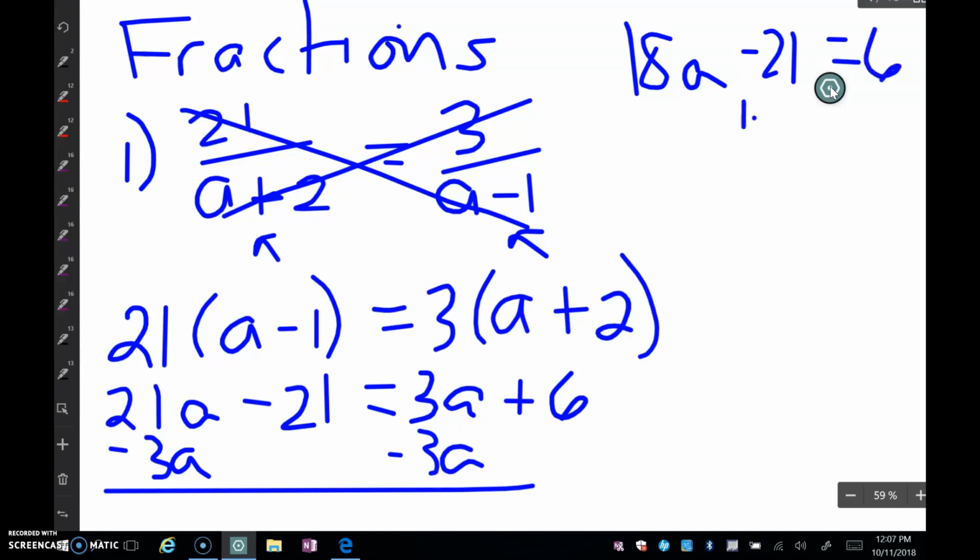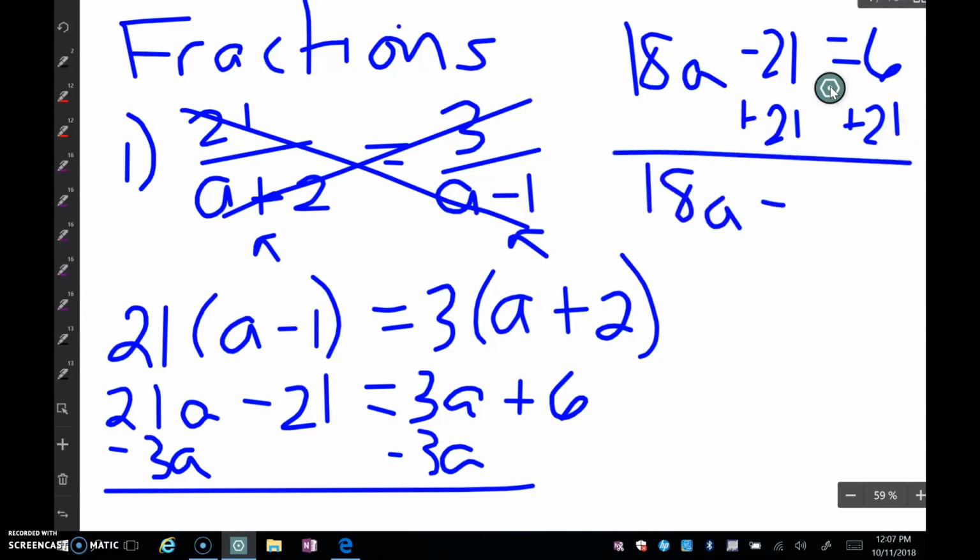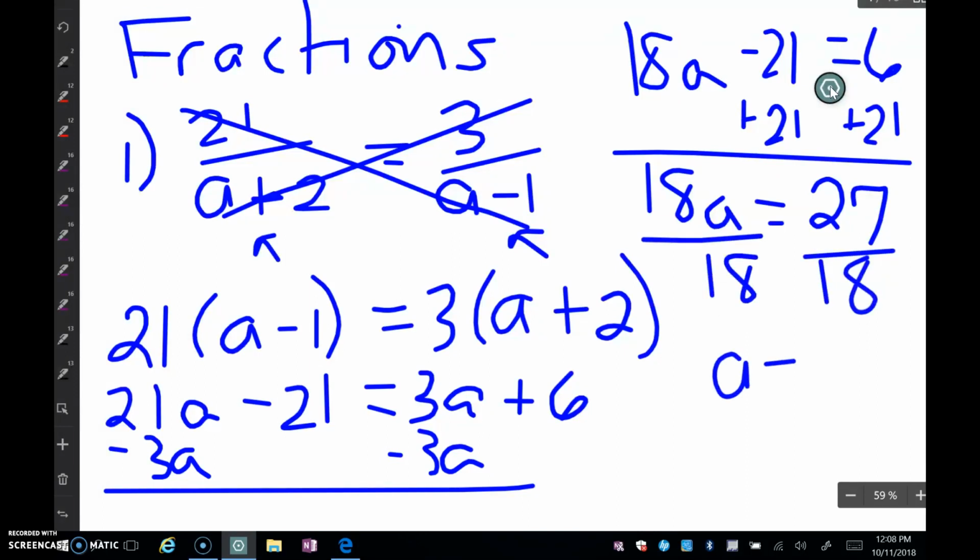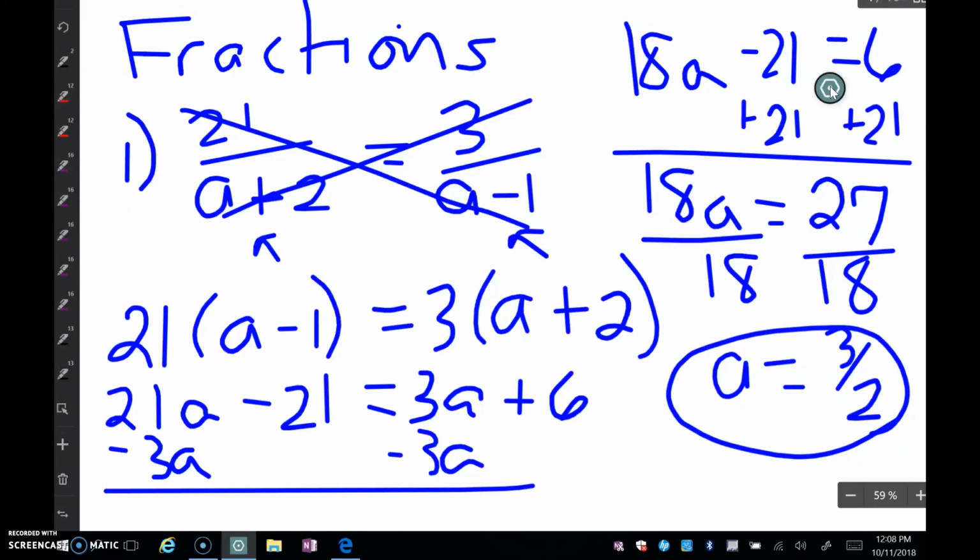I'm going to bring over my 21, so I'm going to add 21. That gives me 18a equals 27. And then finally, I'm going to divide by 18 and reduce that fraction on the right. 27 over 18 reduces, I think, to 3/2. And you want to check that as always.